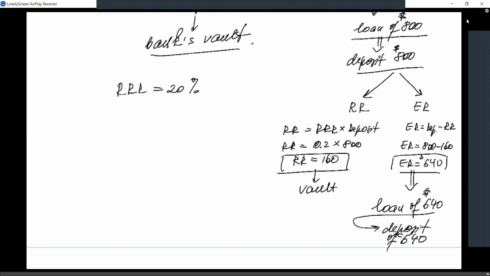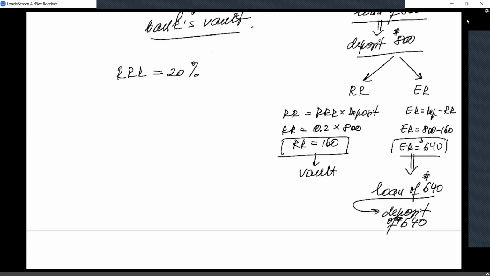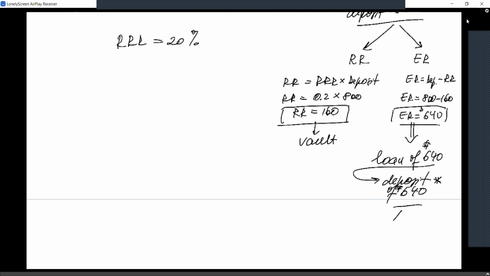And the loan is handled first and foremost, okay? Whether it was a check or a deposit on somebody else's account, it becomes a deposit, okay? A deposit that will be split into the required reserves and the excess reserves, okay?